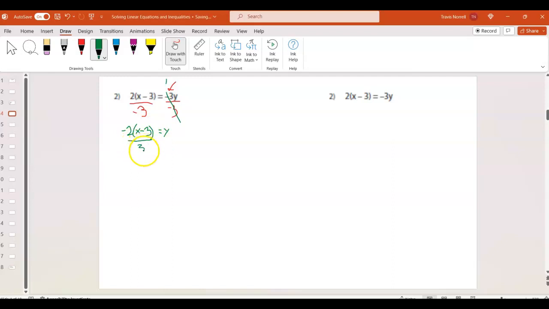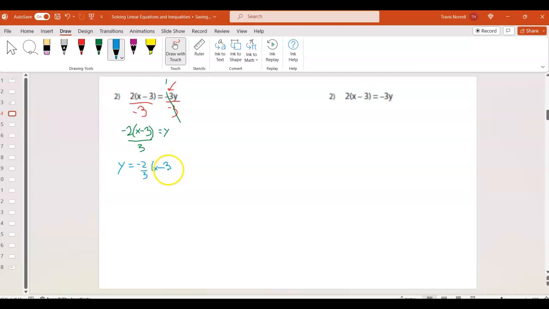Another way you could do that is you can move the y over to the left side and put your answer over on the right side of the equal sign. And you could make that a negative 2/3, make that a fraction, negative 2/3 times x minus 3.